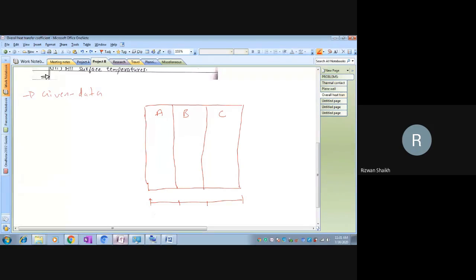If I consider layer A, so LA is given. How much is it? It is given to be 250 mm, so I consider it to be 0.25. And for layer B, it is given to be 100 mm, so it is 0.1.